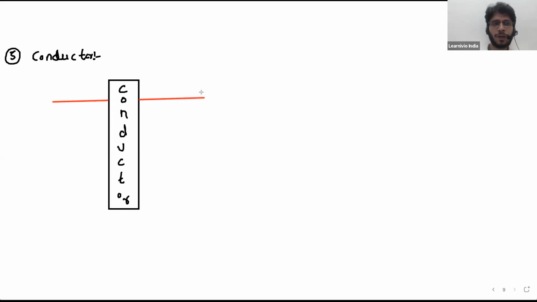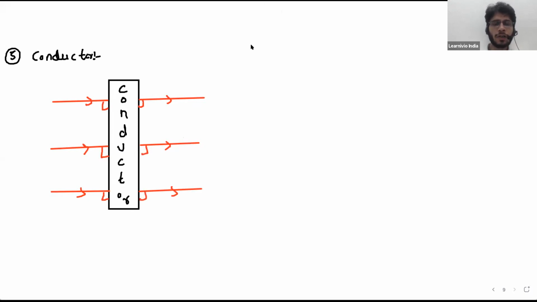On the surface, it's perpendicular and there is no field line inside the conductor. This is normal to the surface of the conductor.